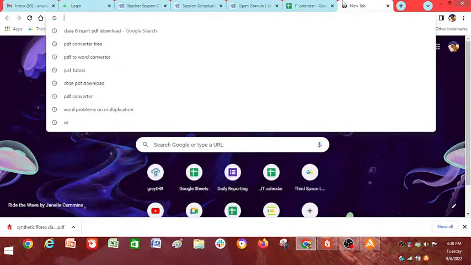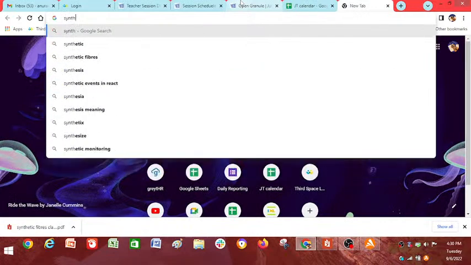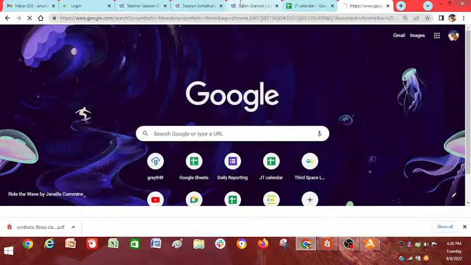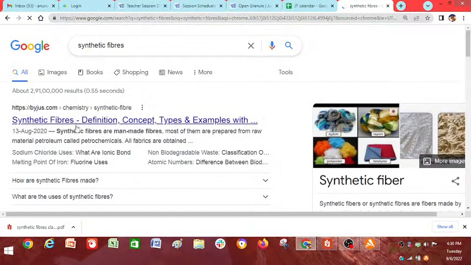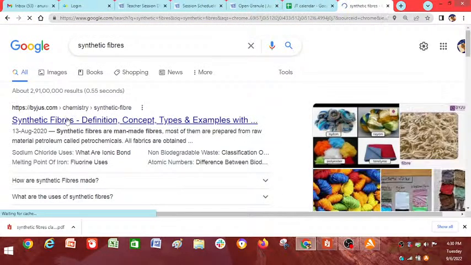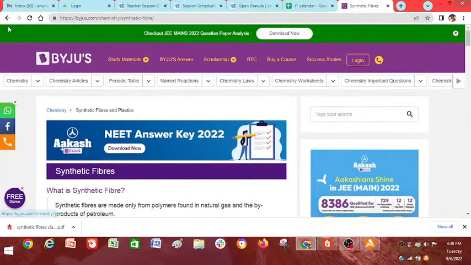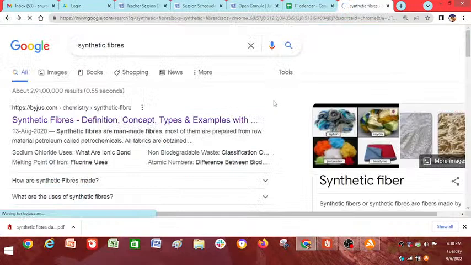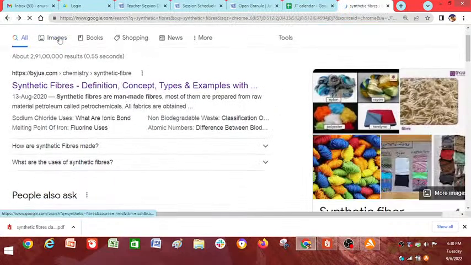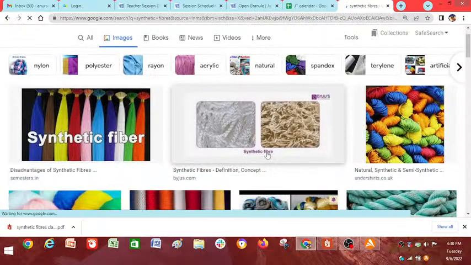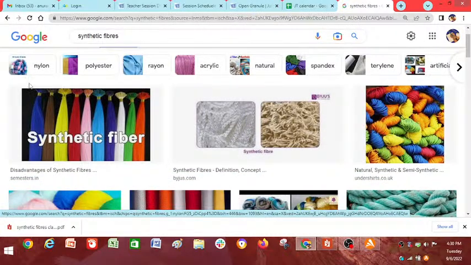So I'm just going to show you some synthetic fibers and explain to you. So here, as we have read, there are a number of images. तो चलिए हम नायलॉन पहले देखते हैं.